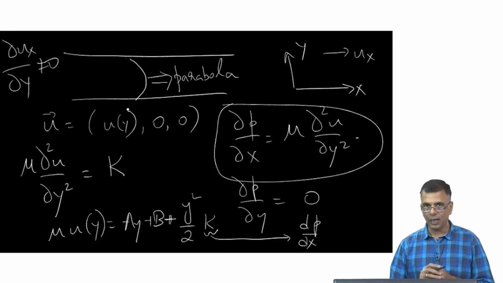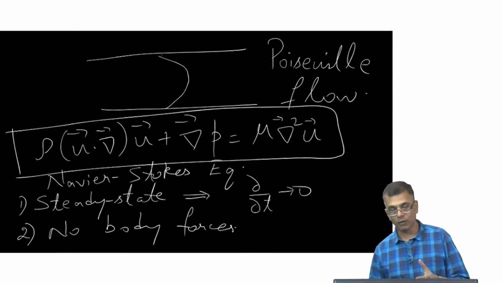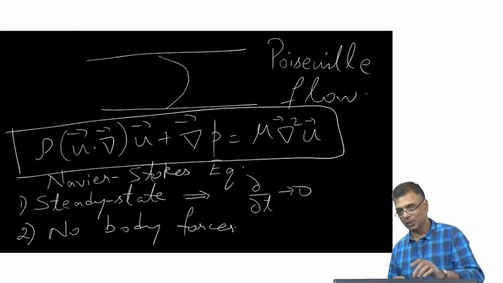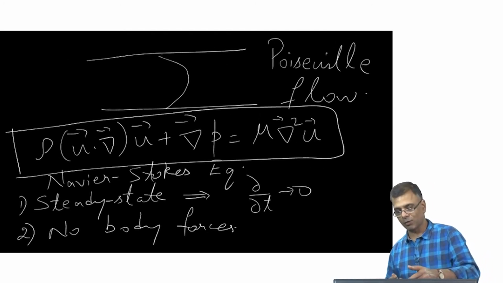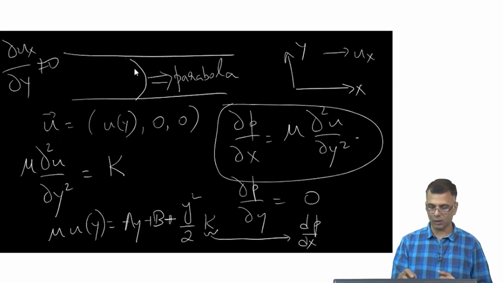So this confirms our intuition that we started out with. On this slide we said a viscous fluid sticks to the boundaries, and you would expect the velocity to be maximum towards the middle, and that's exactly what this looks like.